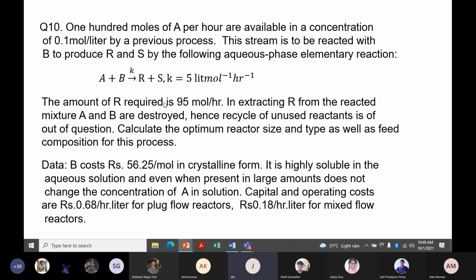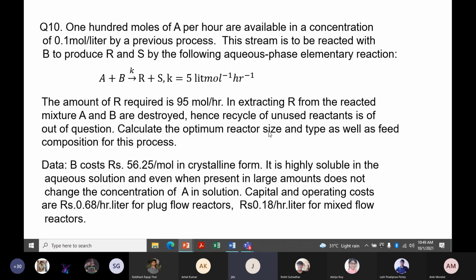The amount of R required is 95 mole per hour. In extracting R from the reacted mixture, A and B are destroyed. Unreacted materials are destroyed. Hence, recycle of unused reactant is out of the question.